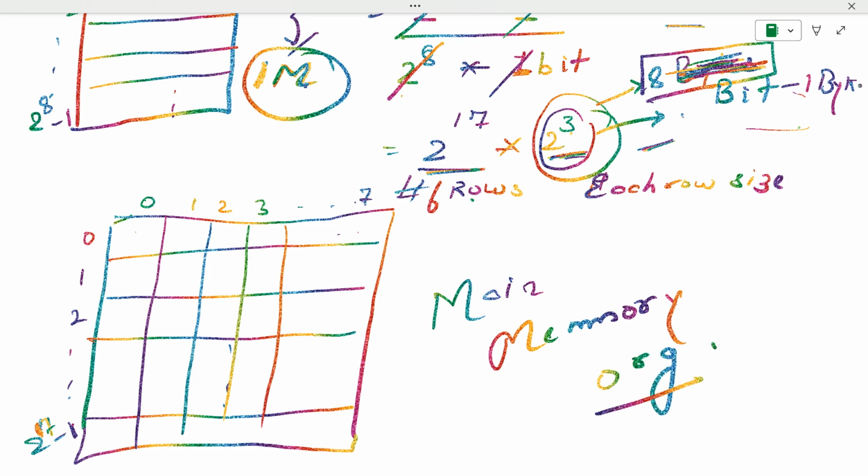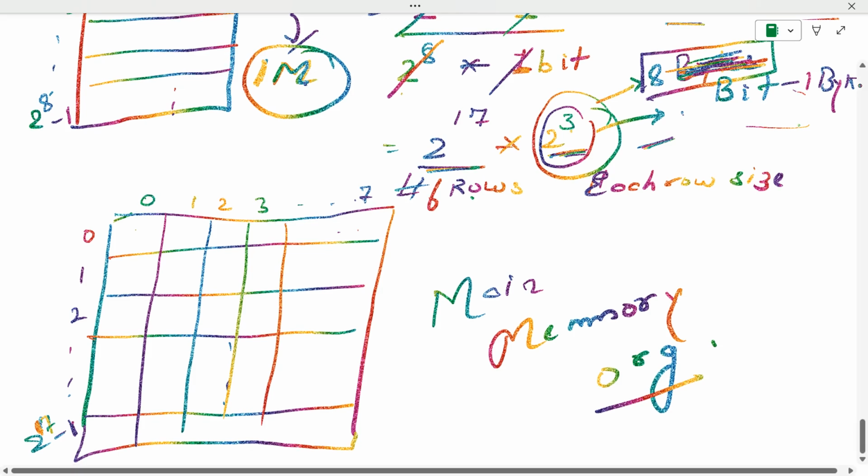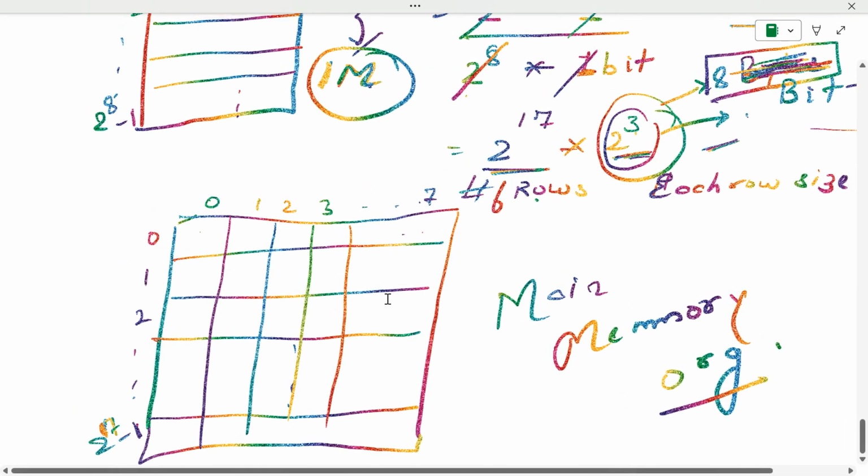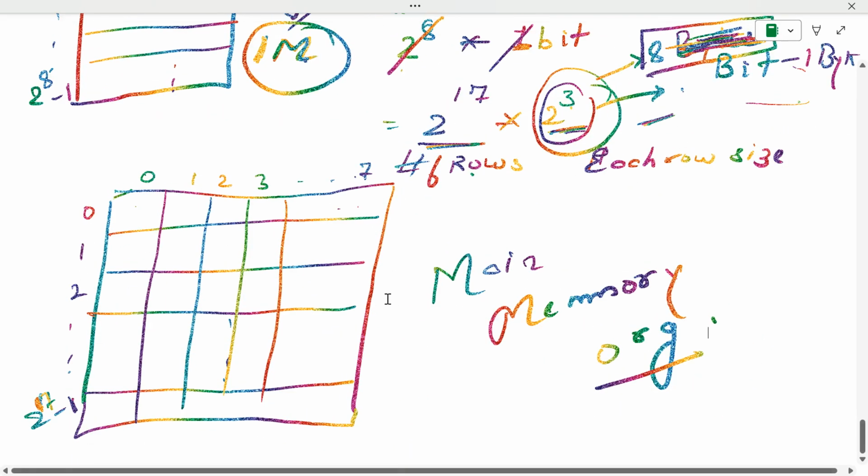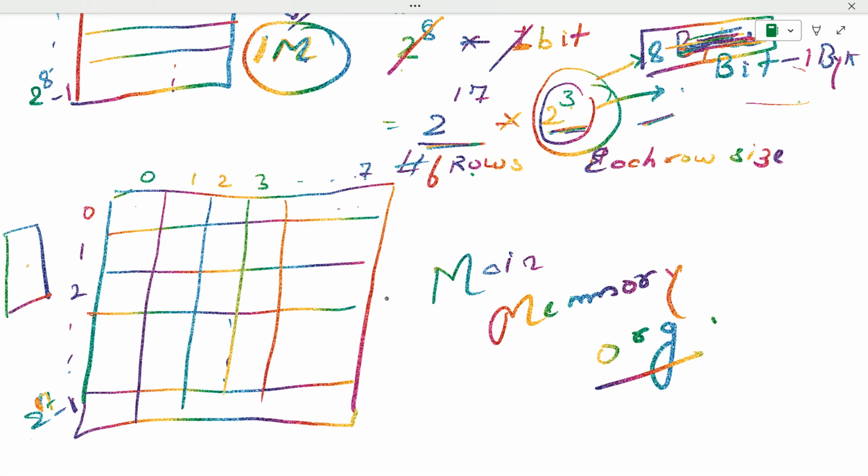Now the third question could be: how many decoders are required? I can't scroll here, but let's see. If there are 2 raised to the power 17 rows, then the decoder we are constituting will contain 2 raised to the power 17 outputs.